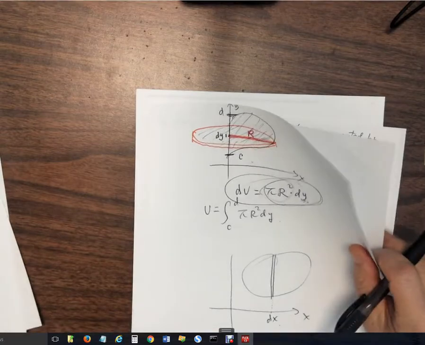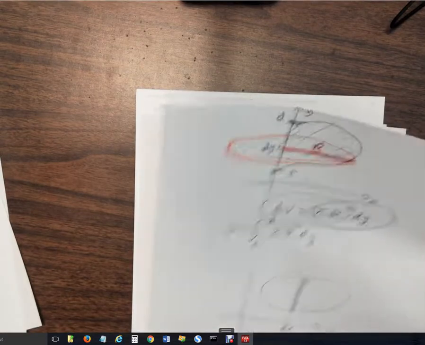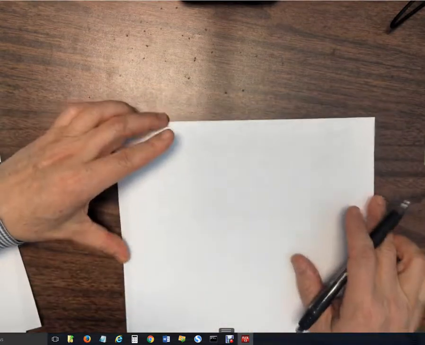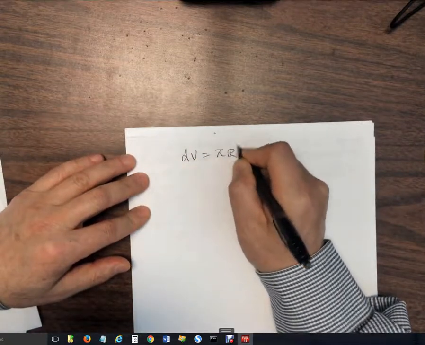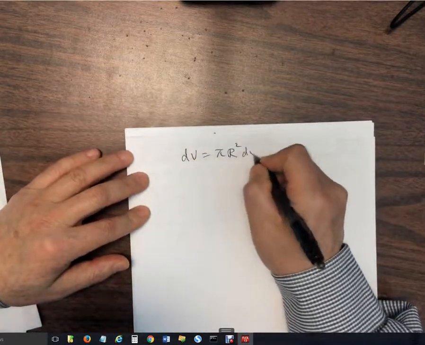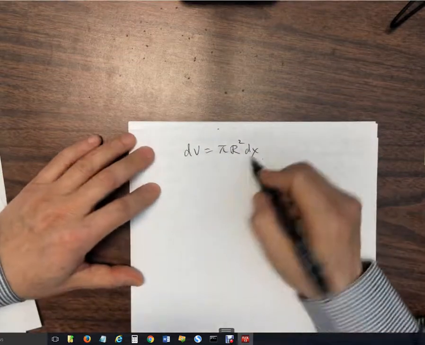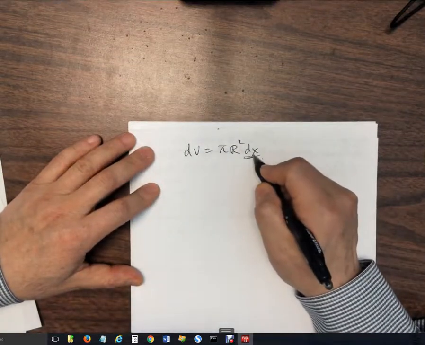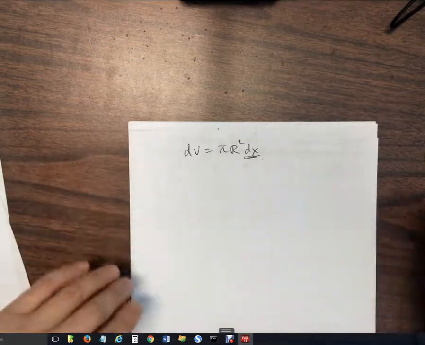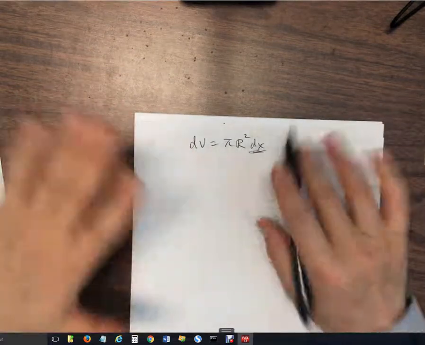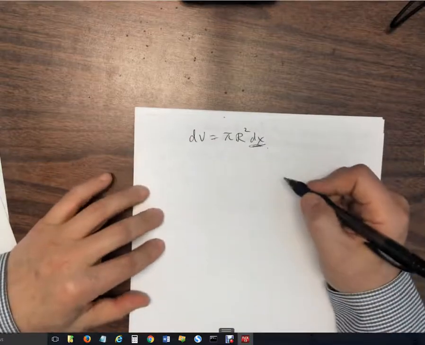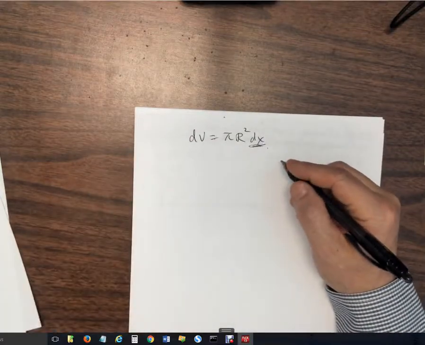So anyway, our disk formula, but remember, it could be dy here, depending on the strip you pick up. All right. Once you find this, all you have to do is just set up an integral.